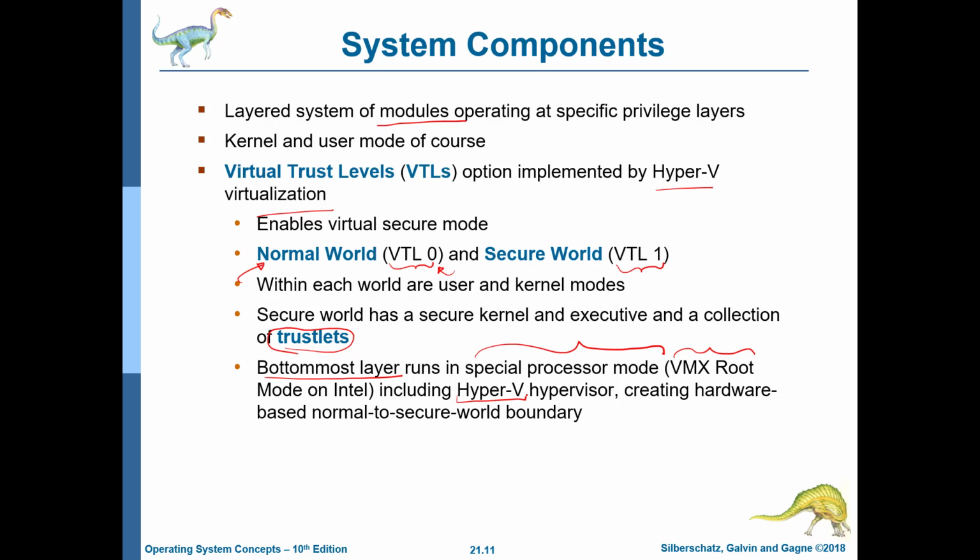And this will create some sort of a hardware based normal to secure world boundary, where, of course, the Windows OS is running as a guest. And just below the guest, we will have a virtualization layer, right, which will determine the way that the guest OS runs, in the sense of whether it will run in the normal world or in the secure world. And below that, we have the hardware itself.